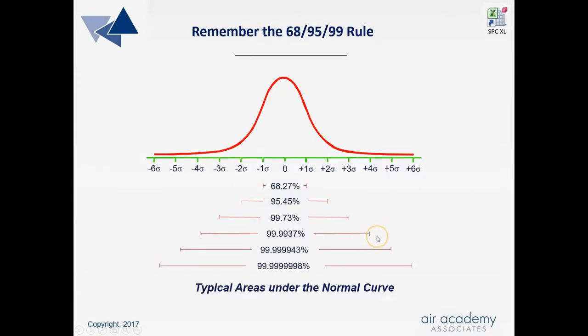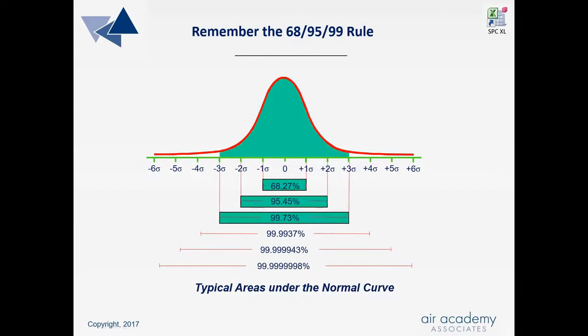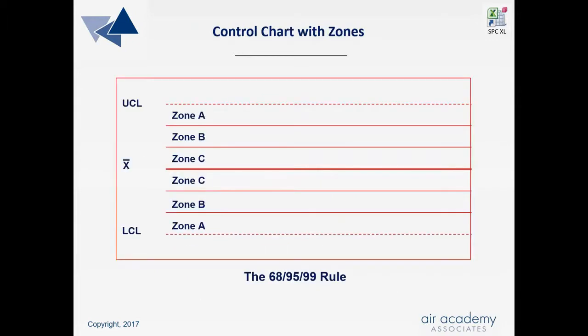Remember the 68, 95, 99 rule from your training? SPC XL uses these percentages, 68, 95, and 99%, to develop zones on the control chart as shown on the next page. These zones are, of course, as you can see, plus 1, plus 2, plus 3 standard deviations above the mean.